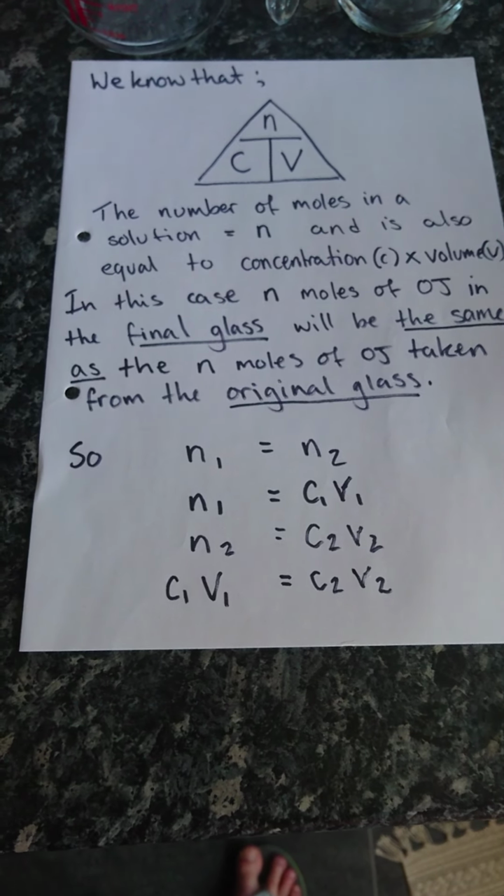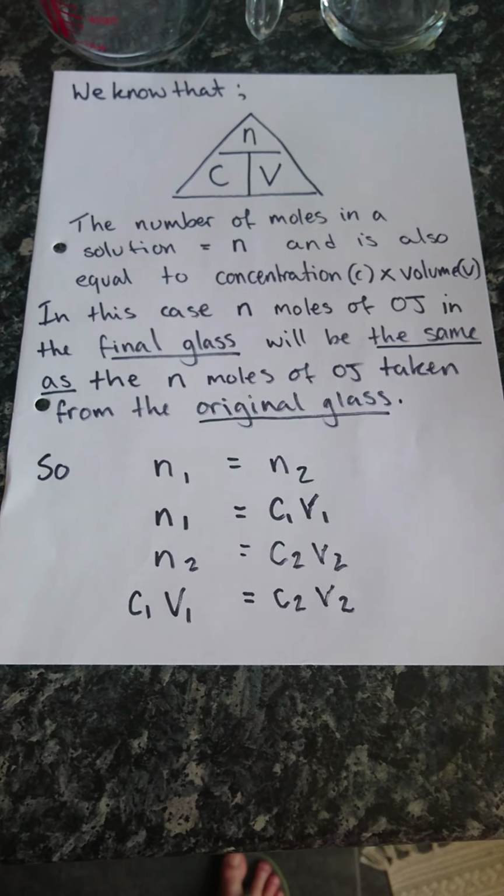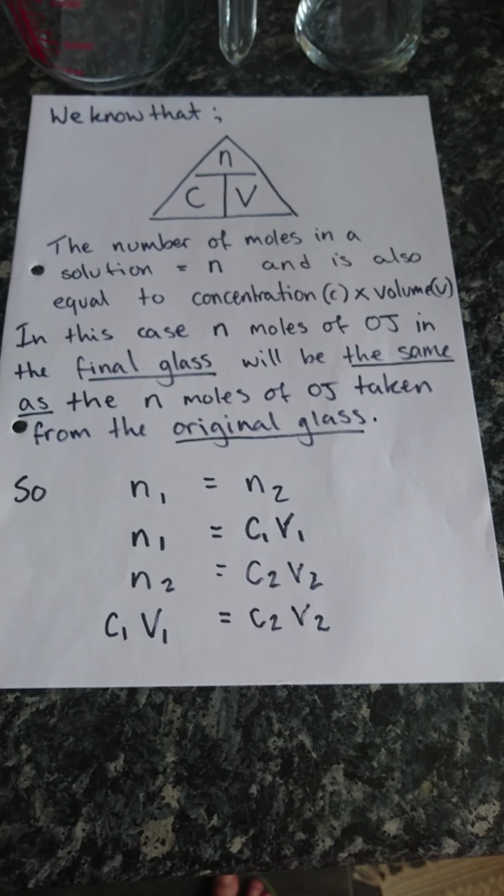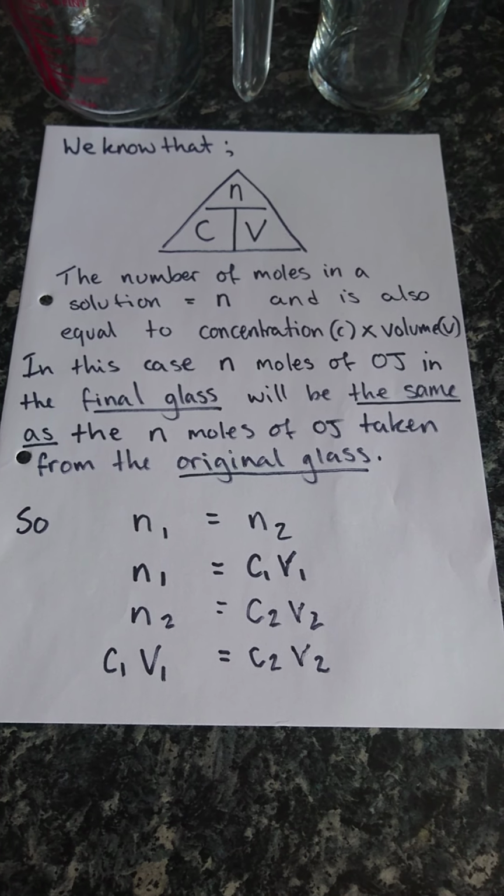We can therefore work out that C1 V1 equals C2 V2. We're going to use this to figure out how much volume of 1 I need to take from the first glass into the second glass.